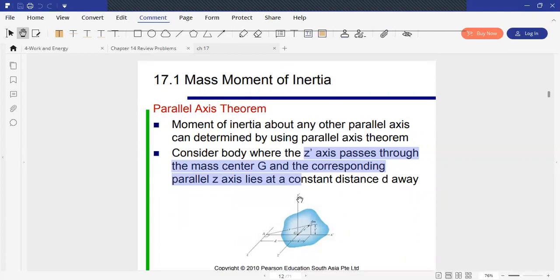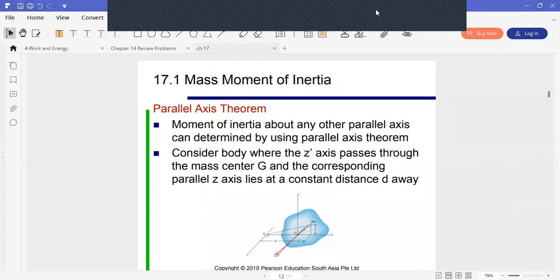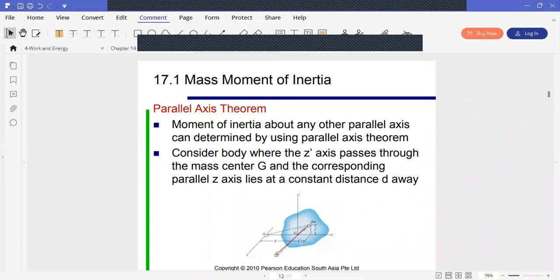And now I want to deduce the inertia about any other axis. As you can see in this figure, this is Z prime. This axis is passing through the centroid, the center of gravity.